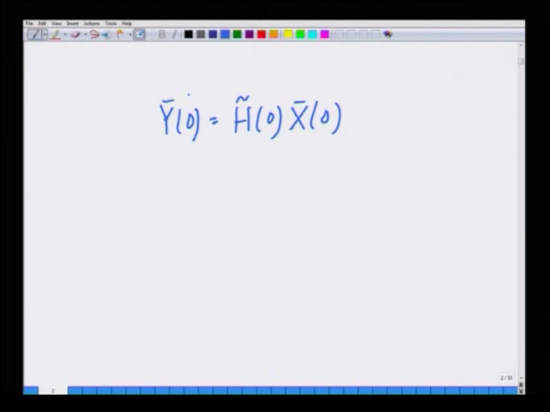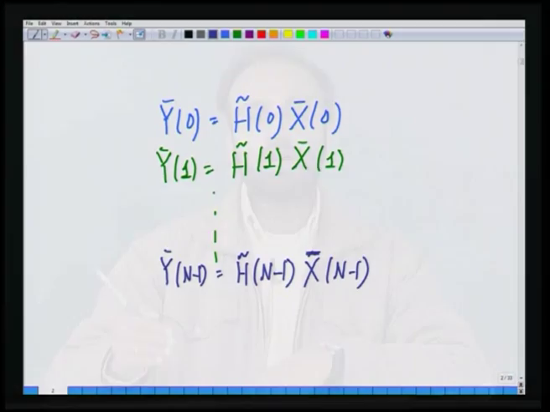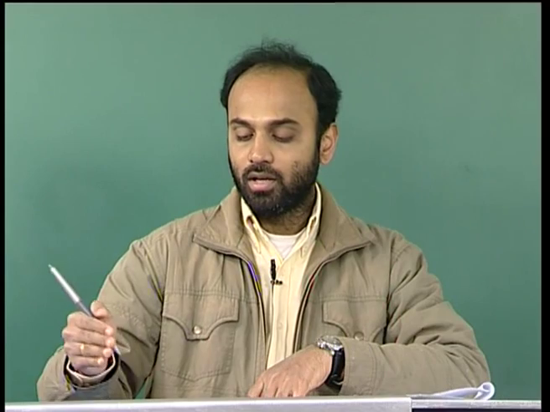In fact, these are now vectors. y bar 1 equals h tilde 1 x bar 1, and so on, up to y bar n minus 1 equals h tilde n minus 1 x bar n minus 1. This is a flat fading MIMO channel across each subcarrier.